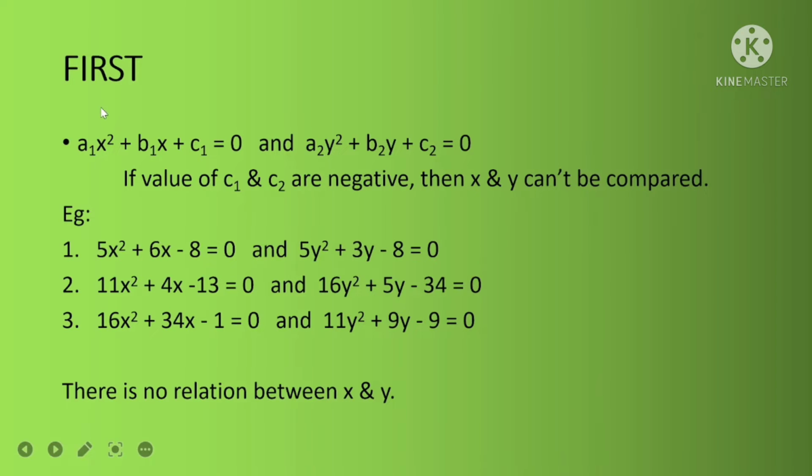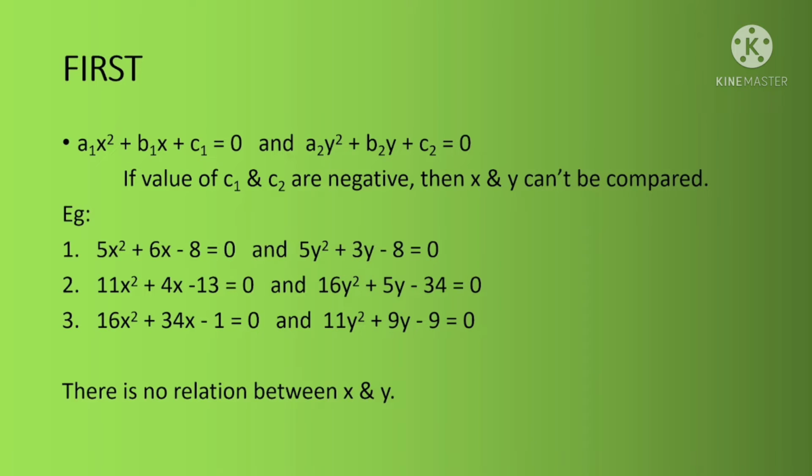I am giving a numerical example like 5x square plus 6x minus 8 is equal to 0, and 5y square plus 3y minus 8 is equal to 0. In the two cases, the values of c1 and c2 are minus 8 and minus 8 respectively. Hence we can apply the first principle. We need not take care of the constants a1 and b1 as well as a2 and b2.